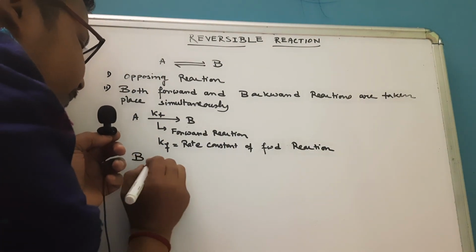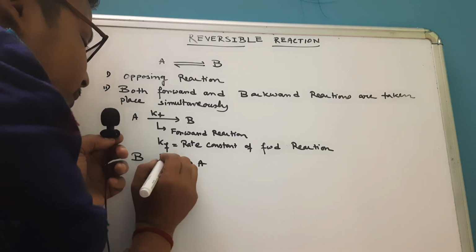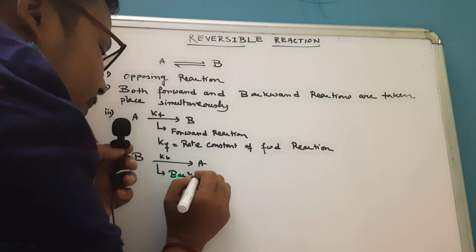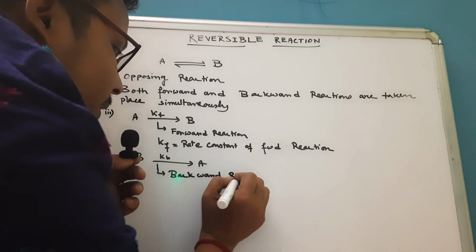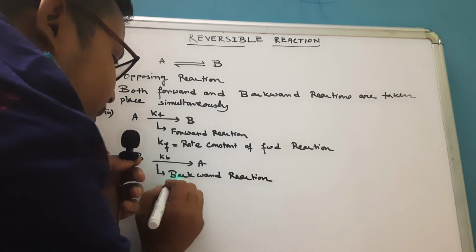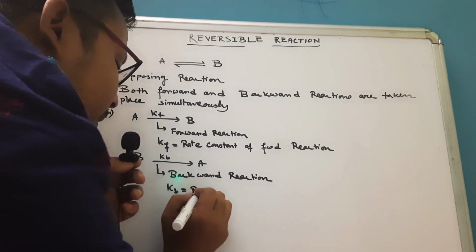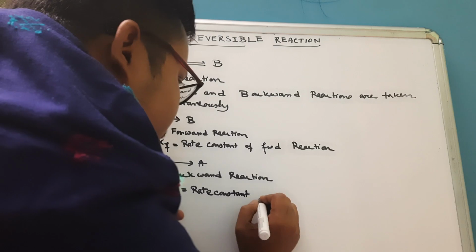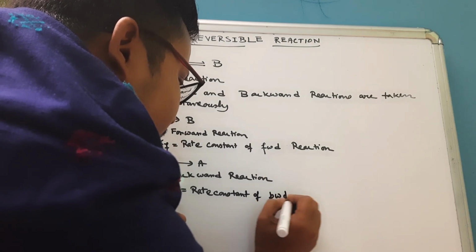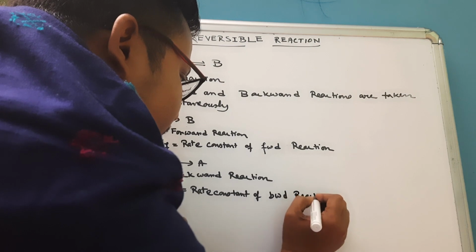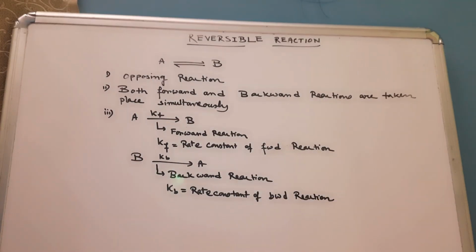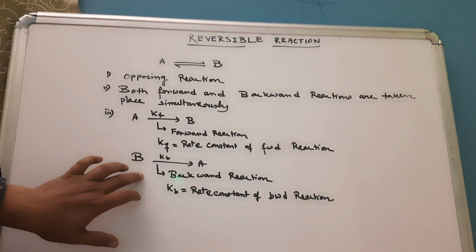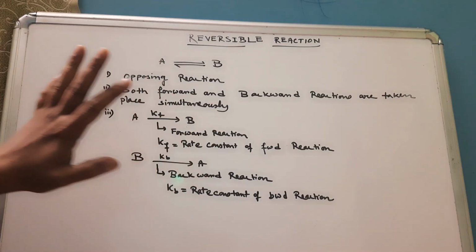And this is the backward reaction, so this is Kb. Kb is the rate constant of the backward reaction. For the forward reaction, A is the reactant and B is the product, and for the backward reaction, B is the reactant and A is the product.